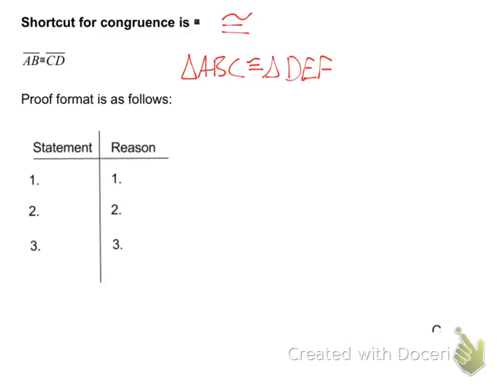The coolest thing about this, guys, is that just like before when we said statements of similarity, I know that AB is congruent to DE. I just know that by that statement alone. So yes, it's very important that you list it correctly. I can't stress that enough. You can't make your own stuff up here.